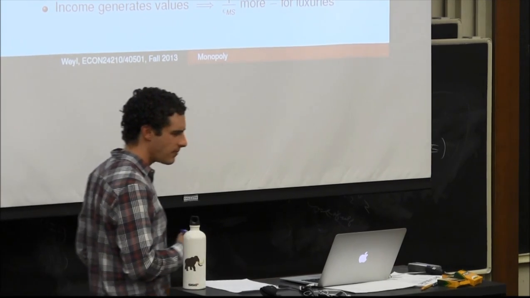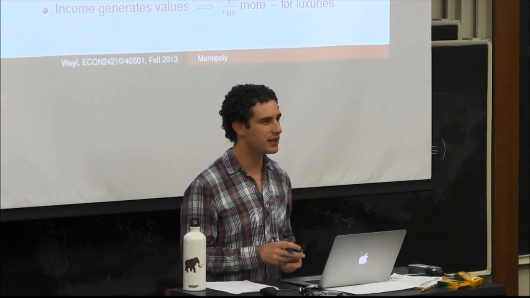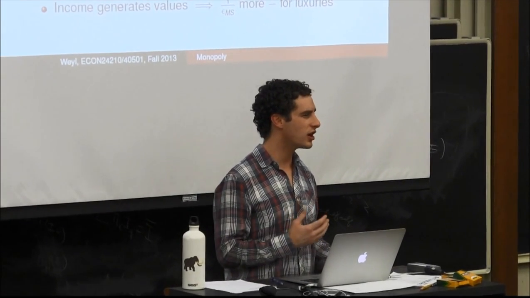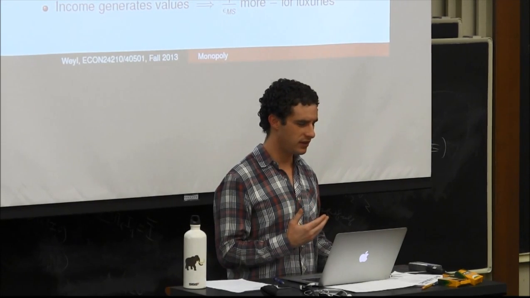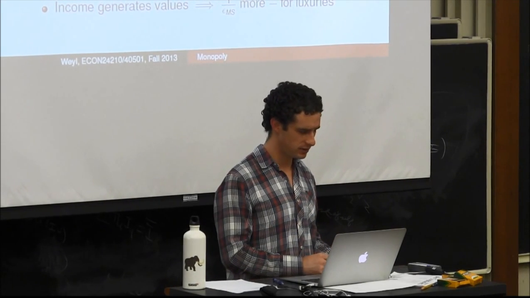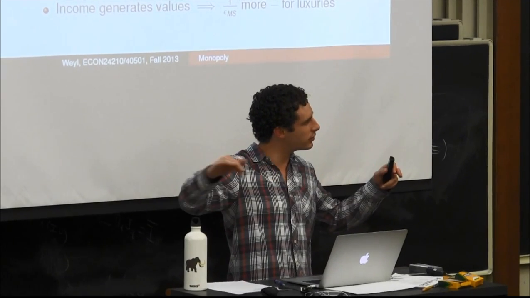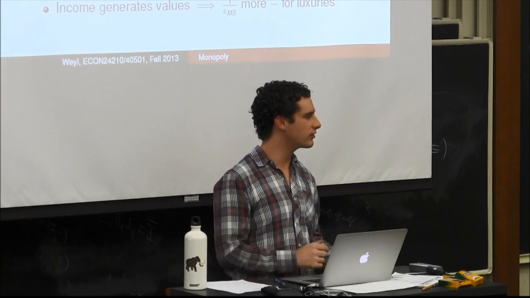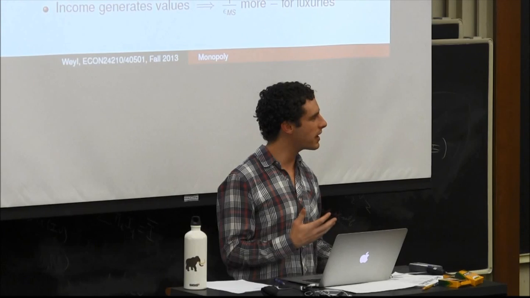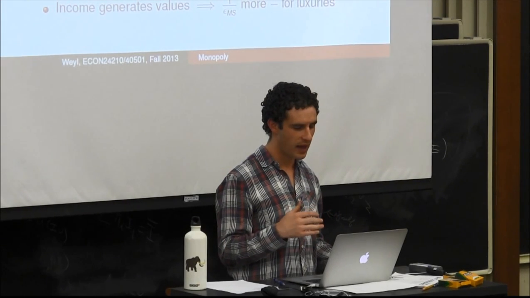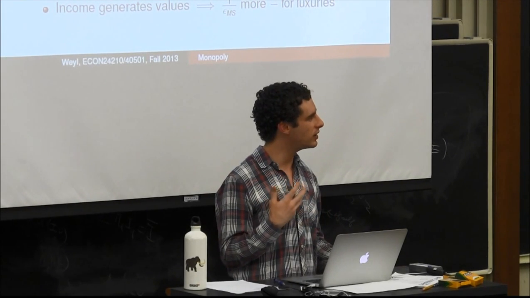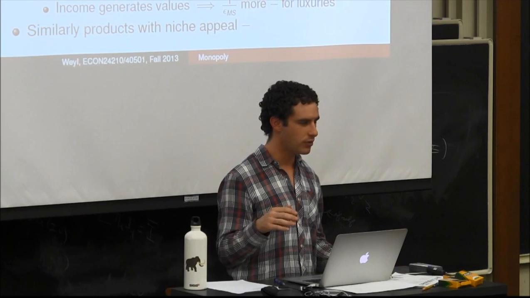So that means that if it's really income that is generating the variation in demand, then for luxury goods where there's going to be a real spread out in the tails of how much people value it, you're going to expect to have a very large pass-through.